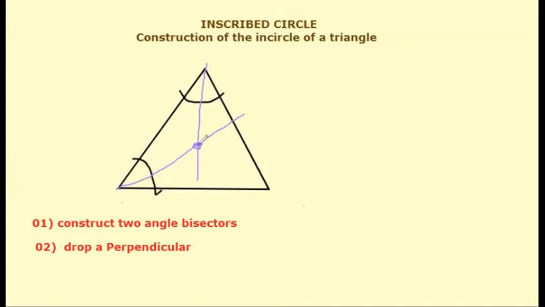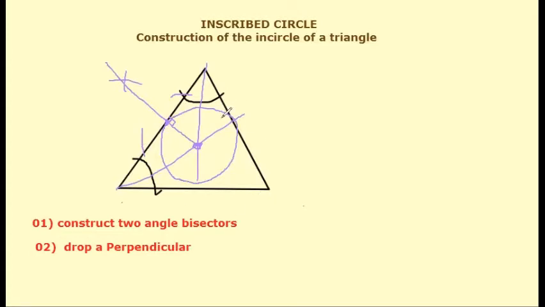For example, dropping a perpendicular to this side, you draw the arc, and then you come like this and drop the perpendicular. Then this point and this point, this distance, is taken as the radius, and we draw the circle. Once we draw it, it's the incircle of the triangle.